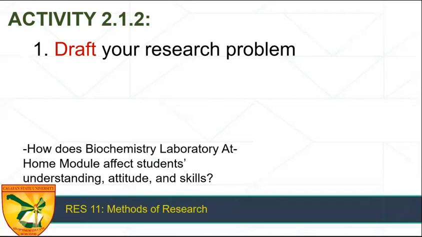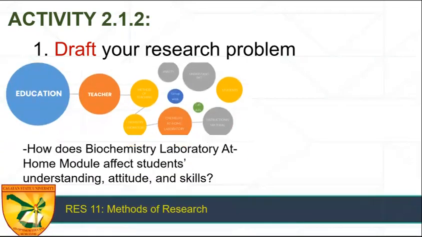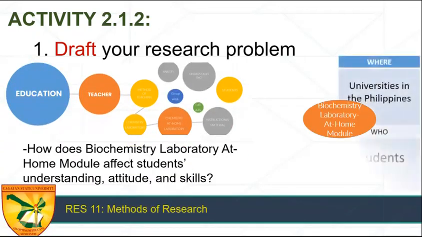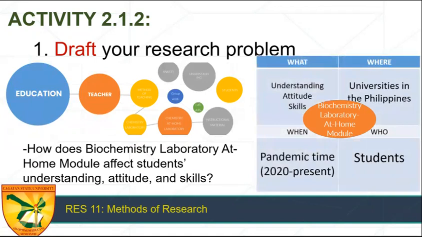You draft first your research problem, using the 5W technique or the PICOT technique. If your research topic is an association or an intervention study, you can use the PICOT format or you can use these 5Ws.